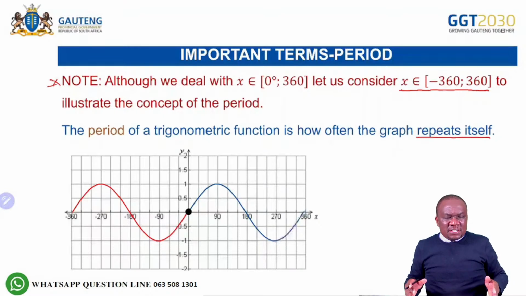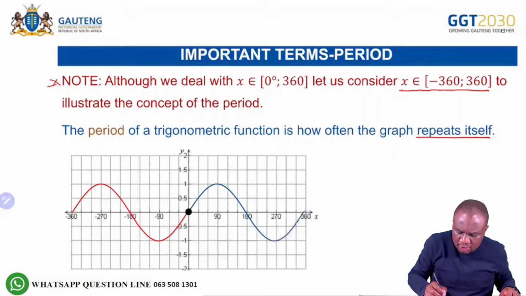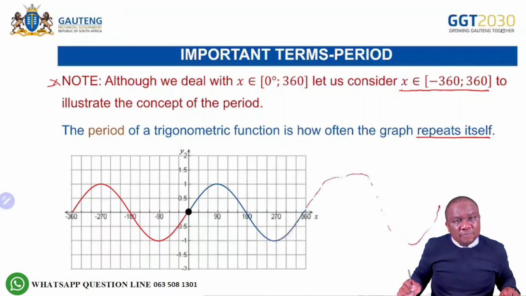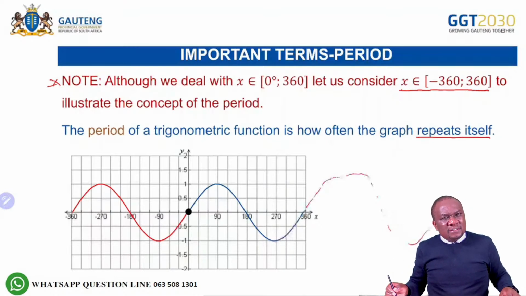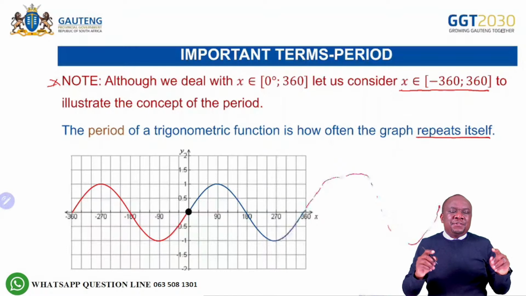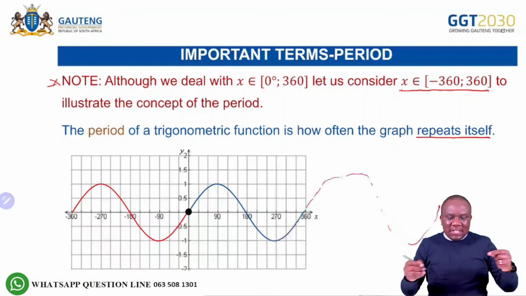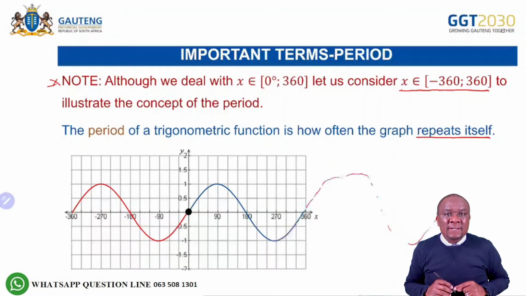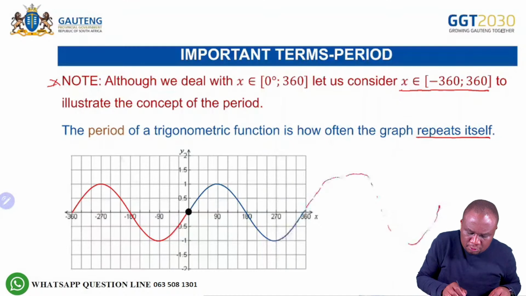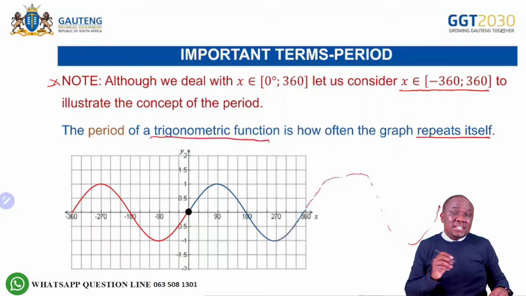Every 360 degrees, the graph repeats itself. It means again here it goes like this, then 720, then it goes again. Then the period of this graph becomes 360 degrees. So the period of a trigonometric function is how often the graph repeats itself.